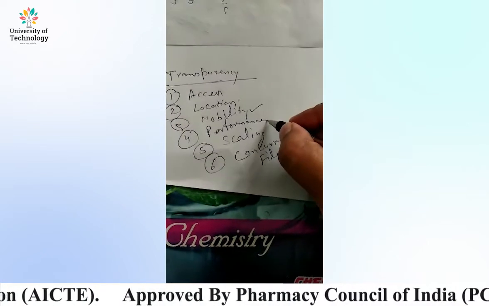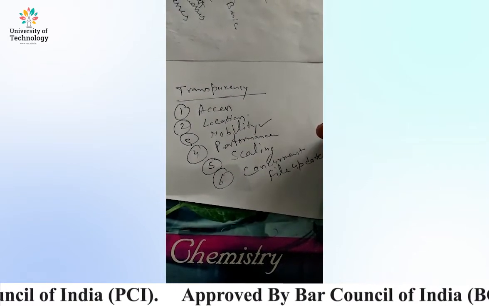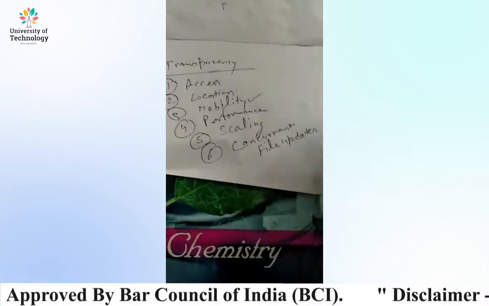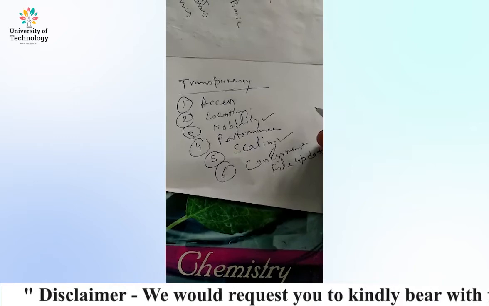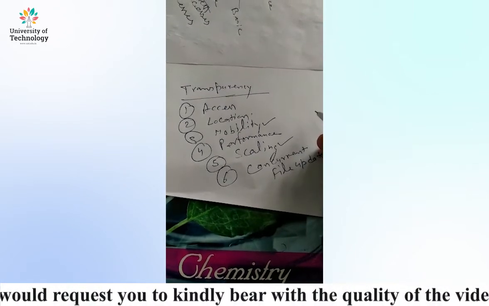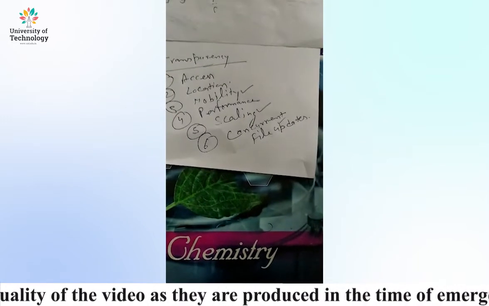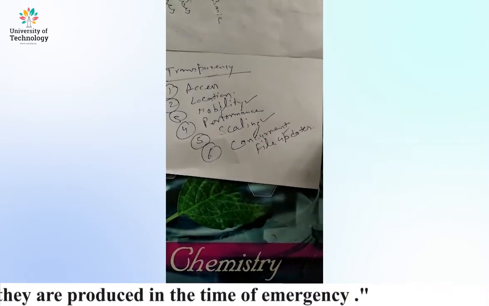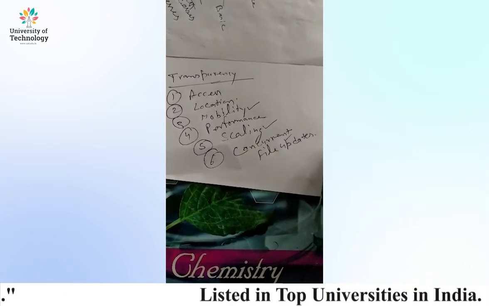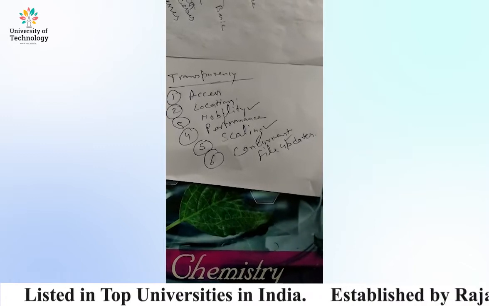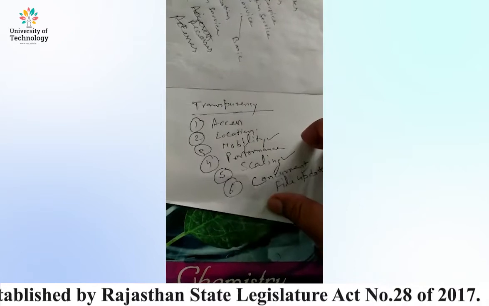Next, performance transparency: programs should continue to perform satisfactorily even under heavy load. Scaling transparency: the file system can be expanded by incremental growth to deal with a wide range of loads and network sizes. Next, concurrent file updates: changes to a file by one client should not interfere with the operation of other clients simultaneously accessing or changing the same file. So these are called transparency.